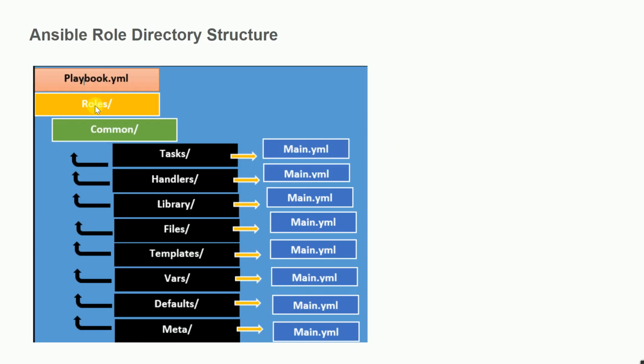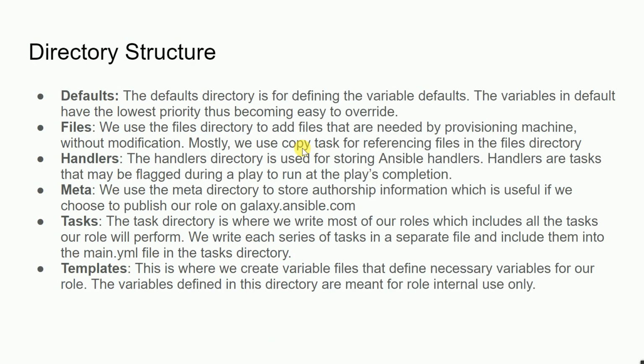Whenever I create a role, for example with the name common, some folders get configured: tasks, handlers, library, files, templates, variables, defaults and meta, and all the folders contain one YAML file with the default name main.yml.